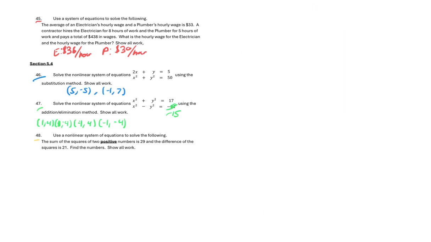Use a nonlinear system of equations to solve the following. The sum of the squares of two positive numbers is 29. The difference of the squares is 21. So the squares, so x squared plus y squared, the sum of the squares should be 29. And then the difference of those squares will be 21.